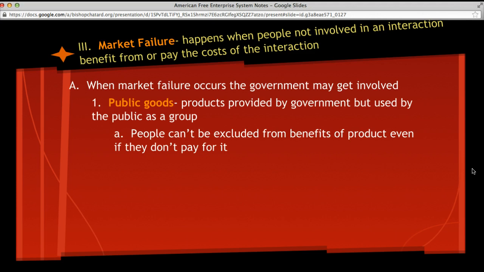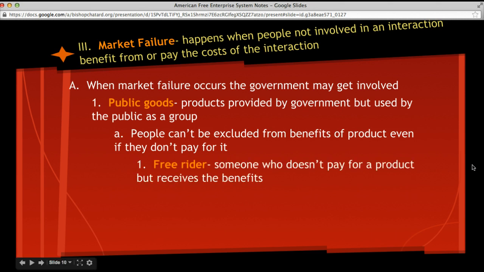If I have my invisible force field, it's not like I can have a hole over their head in that force field that follows them everywhere. I have to protect everyone. So just because they choose not to pay, I can't exclude them. So that's part of the reason why a public good has to be provided by the government, because the government will try to collect taxes from everyone to be able to pay for public goods.